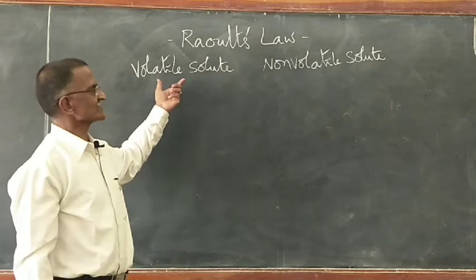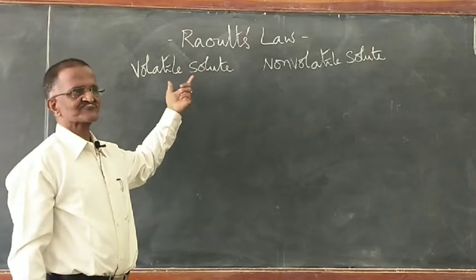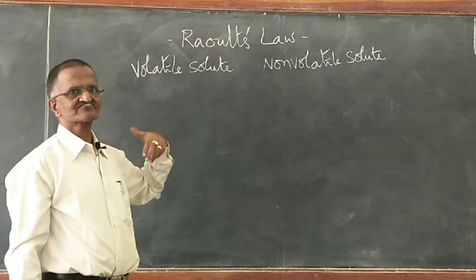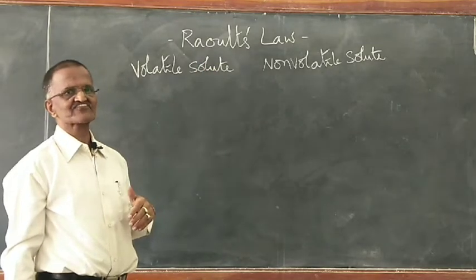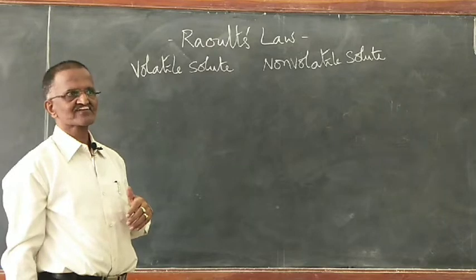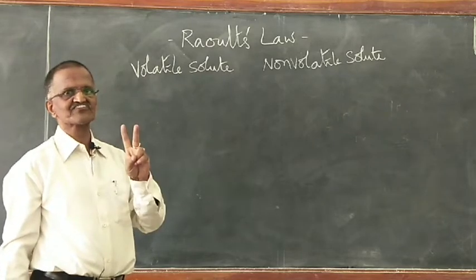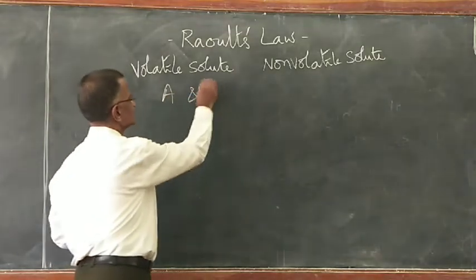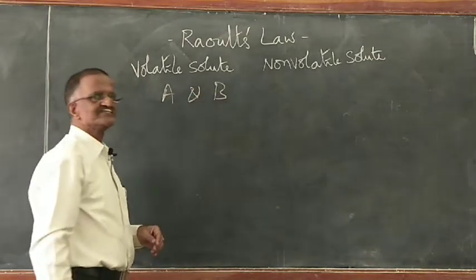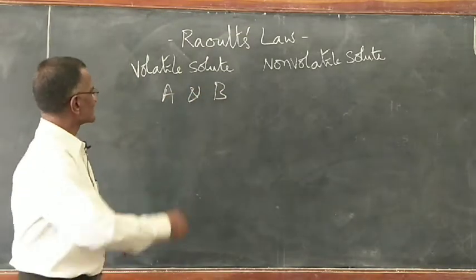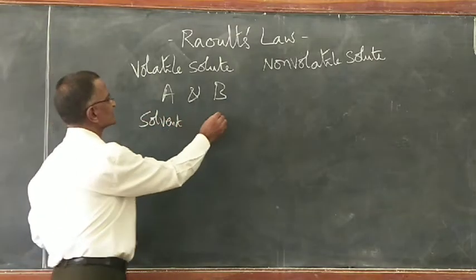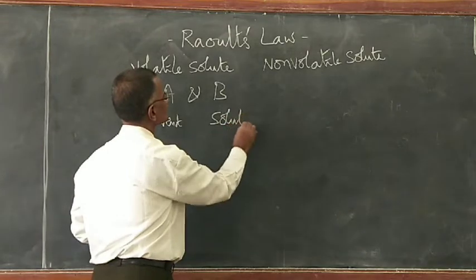So now let us understand how the volatile solute present in the volatile solvent is going to affect the total vapor pressure of the solution. Let us take two components, A and B. A is the solvent for me and B is the solute.